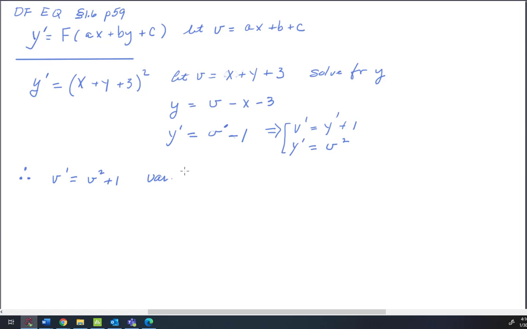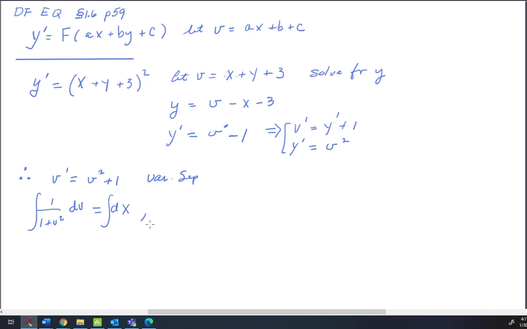This is a variables separable differential equation, first order ordinary differential equation. So we would write 1 upon 1 plus v squared dv is equal to dx, we were using x for the independent variable. And then we've separated the variables, and so you know the next step would be to integrate these.